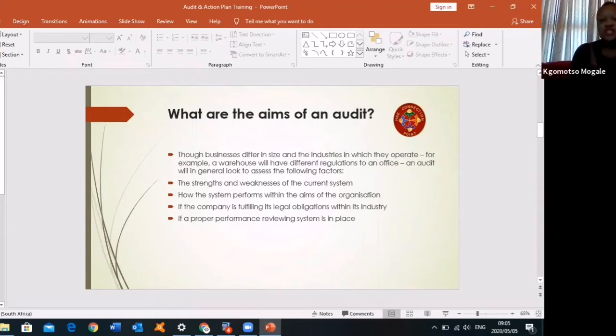Is it working for the company? What is the strength of the current system, and what are the weaknesses? When we do an audit, we are measuring those things. We're looking at what we can improve, what we can keep as it is, and any changes that we have to make. How does the system perform within the aims of the organization?